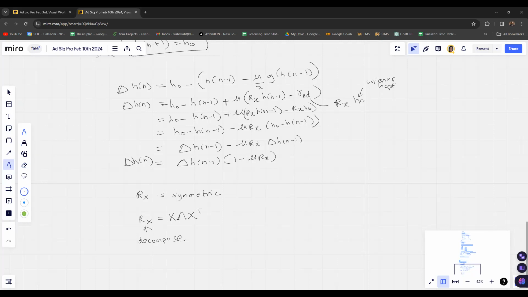So then we can write this Rx in terms of these 3 matrices. We can denote the interior of this matrix using simpler terms. We can simplify the delta Hn term.